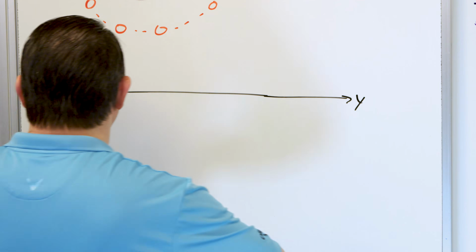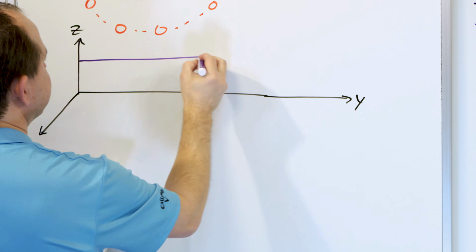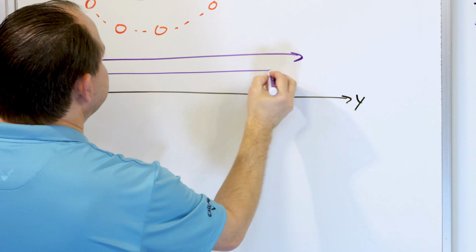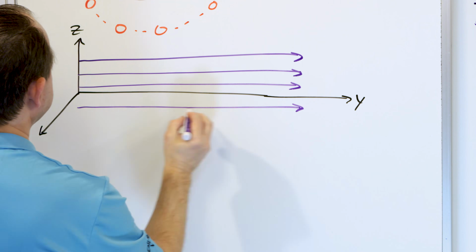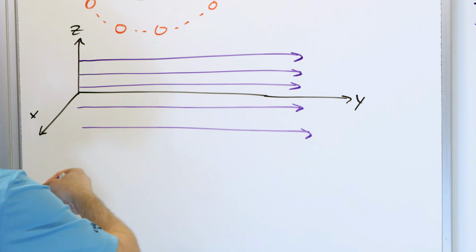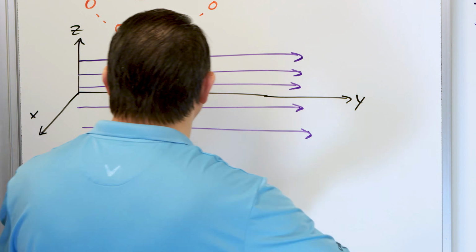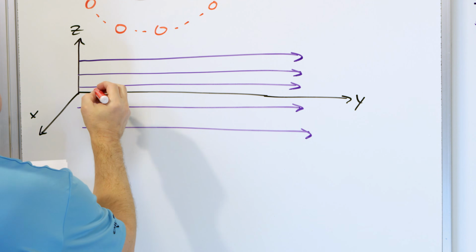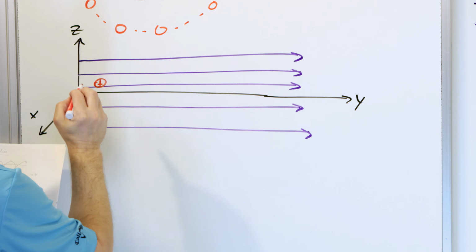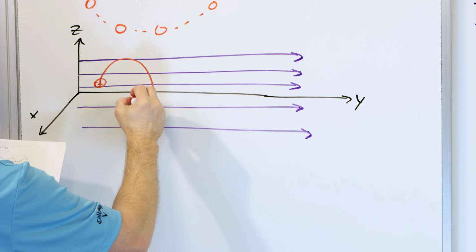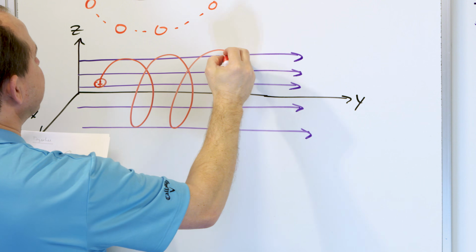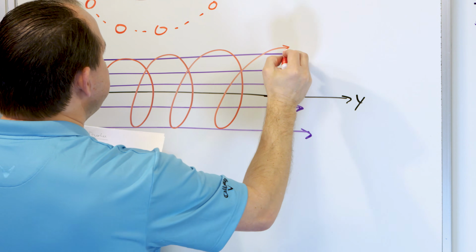If we had a uniform magnetic field, just like I had drawn originally, but in this case, I'm going to draw it to the right like this. And I had a charge in that field, then what's basically going to happen is the particle is going to orbit the magnetic field lines, but it can freely move downstream, but it's going to orbit the magnetic field line.